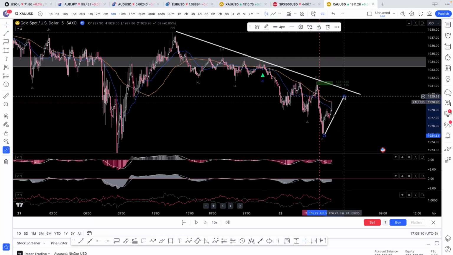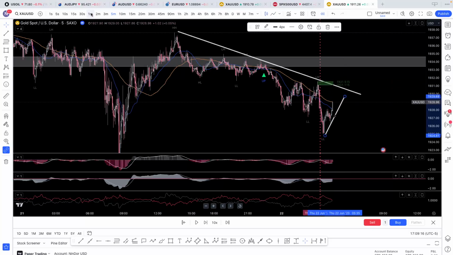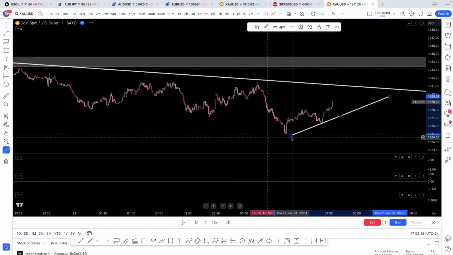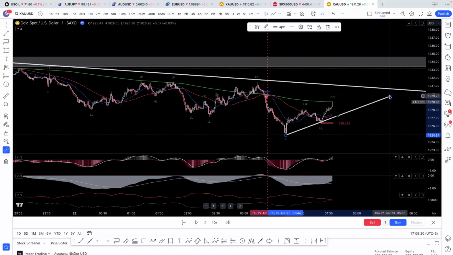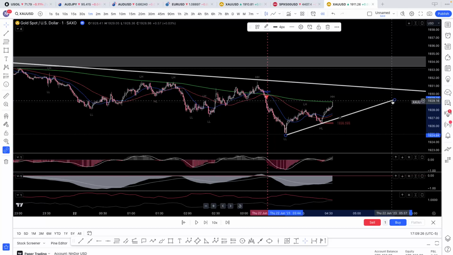From that point, my pullback time frame rules start on the 1-minute time frame, so I'm going to drop down. View the 20 and 50 moving averages. Adjust the time frame as needed for no crosses of the moving average. Thus far, that seems to be pretty good.